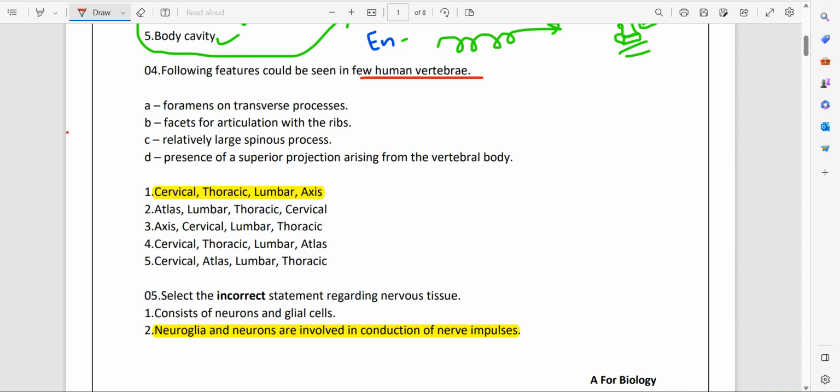So I will just summarize what you should know about human vertebrae. When it comes to types of different vertebrae, there are 7 cervical vertebrae. This is based on their location and specialty. So 7 cervical, 12 thoracic, and 5 lumbar is a basic thing. And we have sacral vertebrae and coccygeal vertebrae.